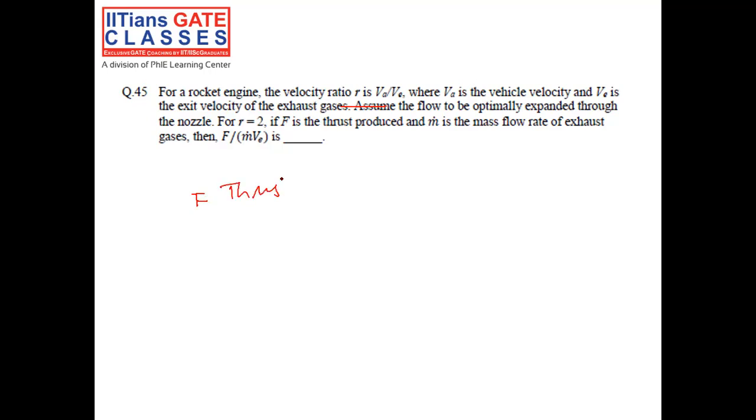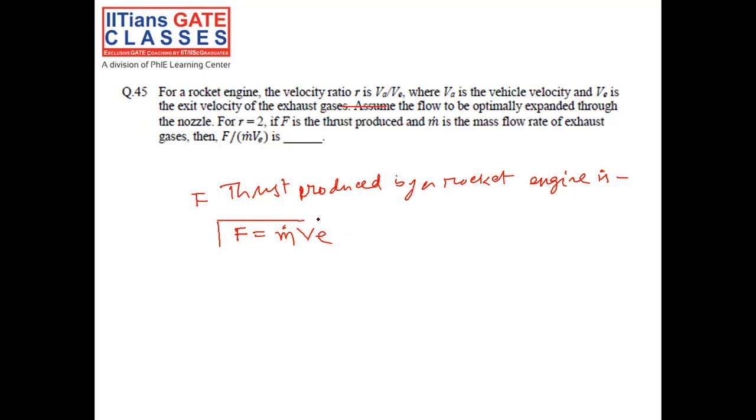Thrust produced by a rocket engine can be given by F equal to m dot V_E, where m dot is the mass flow rate of the exhaust gases, and V_E is the exhaust velocity. So we can see that this equation of thrust is independent of the vehicle velocity.